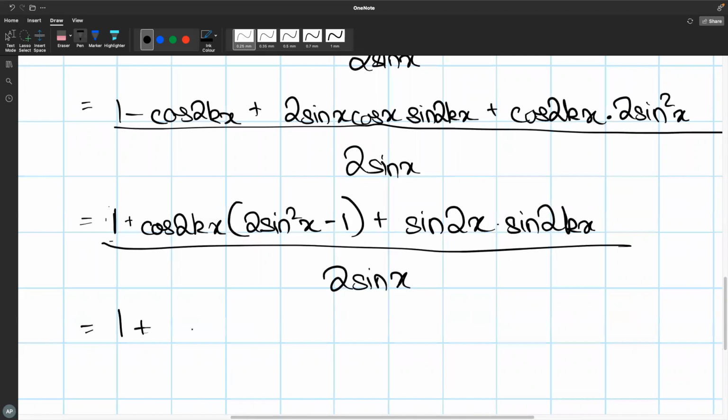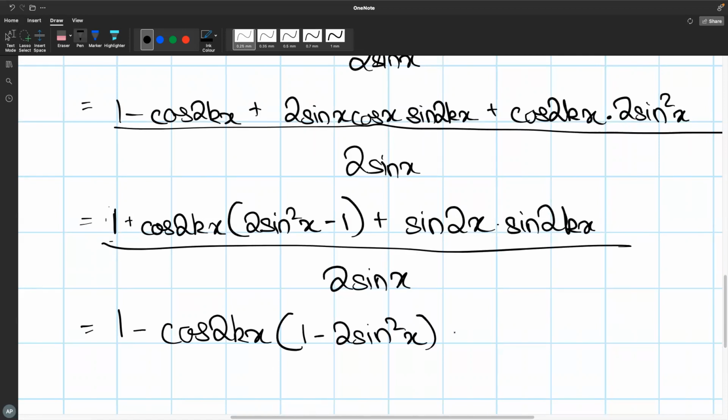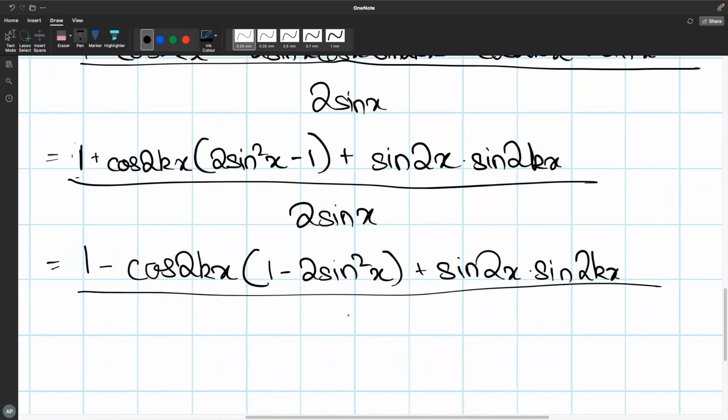Next, 1 plus cosine 2kx. Now, what we can do is multiply the entire thing by minus 1. So this would give us minus cosine 2kx, and the inside of the bracket would become 1 minus 2 sine square x, plus sine 2x times sine 2kx, all over 2 sine x.